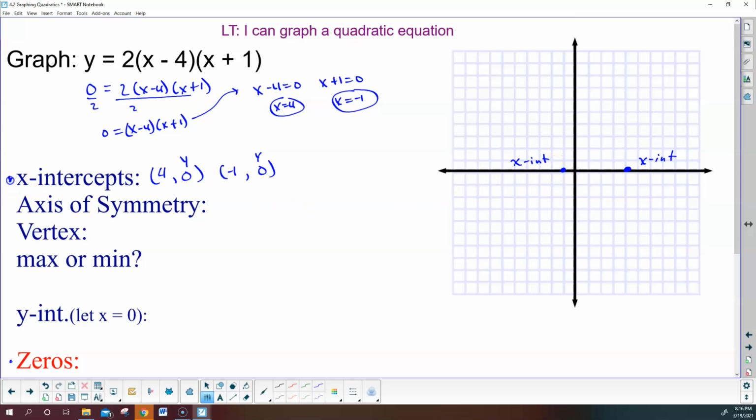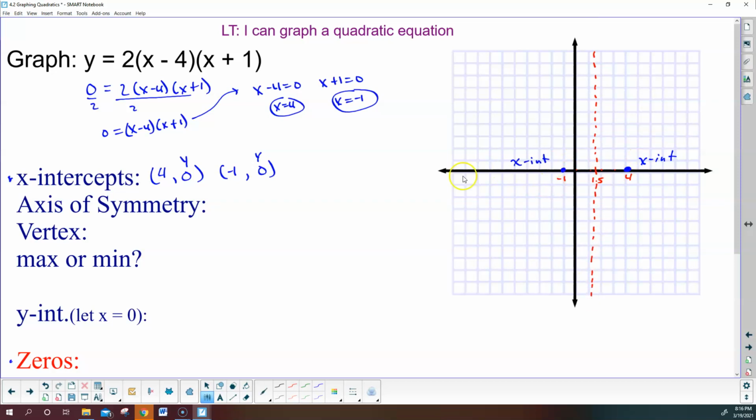Now, you can look at the graph and say, if I'm between -1 and 4, what value is right in the middle of that? Well, if I go 1, 2, and 1, 2, that puts me right in the middle of those two. So I'm at 1.5. And what is that 1.5? The axis of symmetry. That's the spot where the points are equidistant from the left and the right.